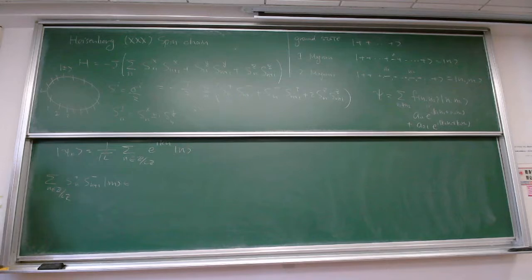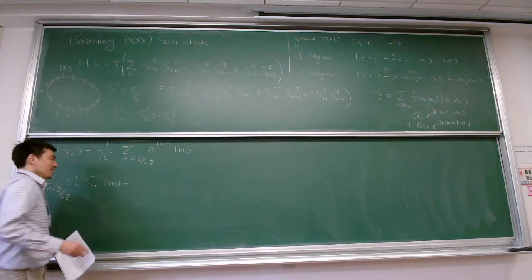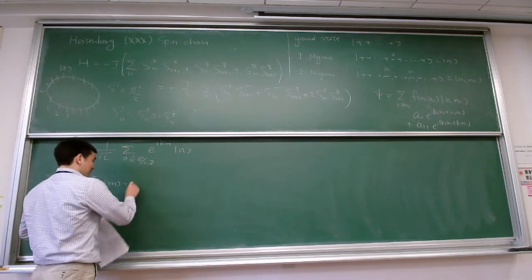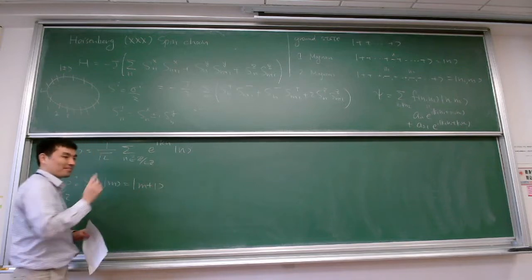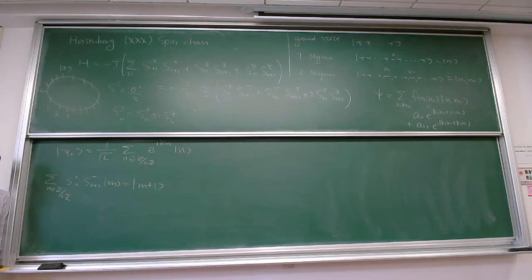N minus 1, n plus 1. Why is that the case? Because it turns the spin on m plus 1 to the minus side.